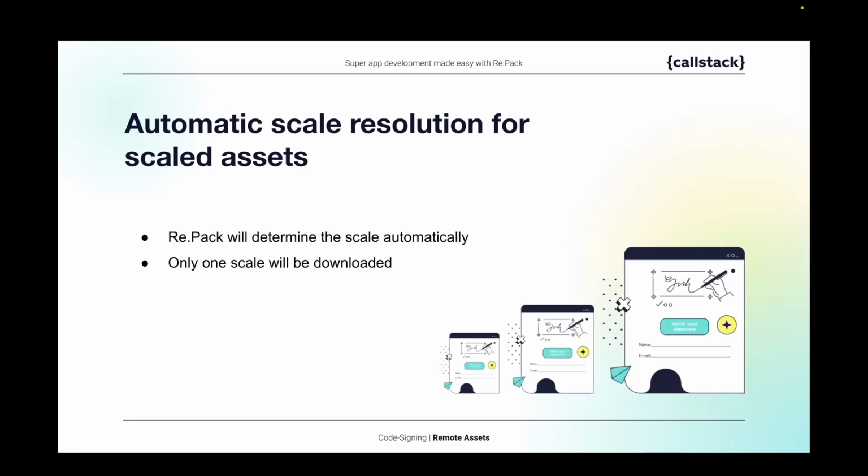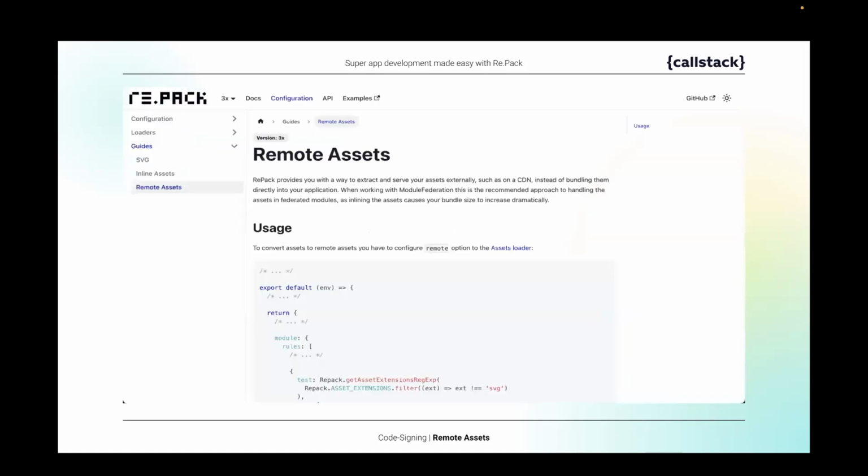It will check what scale it needs, and it will use that URL to actually download the needed assets. So we don't need to download all the scales, and yeah, that's pretty much it. Okay. Also for saving the network traffic, basically.